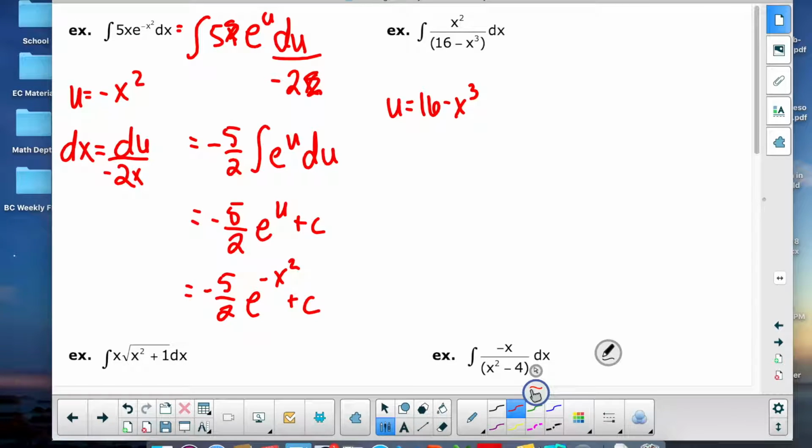That means my dx is du over negative 3x squared. Do we know where I got that from? Yes, pattern, right? Step 1, step 2, step 3.